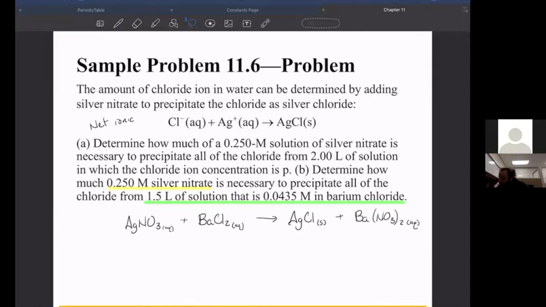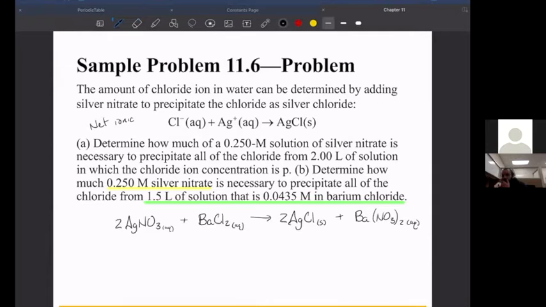Now I'm told the concentration of barium chloride. And so I have to account for this fact that there's going to be a difference. It's not going to be 1-to-1 anymore. It's going to be 2-to-1. Right? I'm going to need twice as much of that silver nitrate solution as I am the barium chloride. Or rather, for per mole of barium chloride, I'm going to need 2 moles of silver nitrate. That's what I should have said.